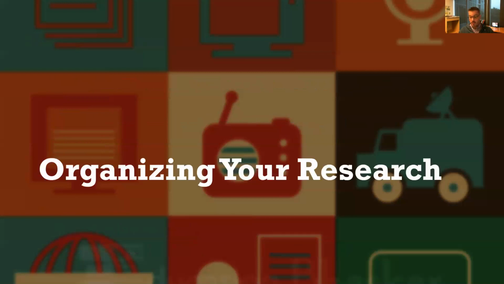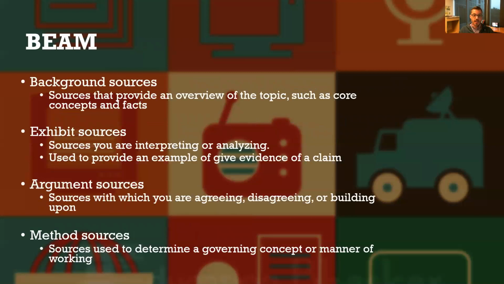Beginning with organizing your research. Now, you've already discussed the BEAM model, or done some readings on the BEAM model, I believe last week in Module 4. The idea is simply that as we approach our research and start gathering our sources, we need to be thinking about how we intend to use the sources that we're gathering.